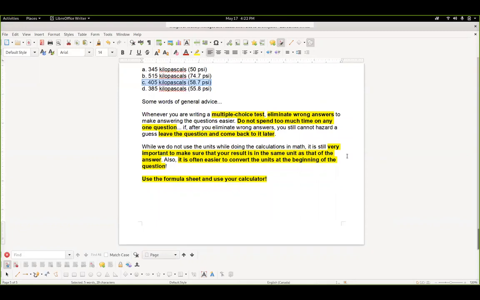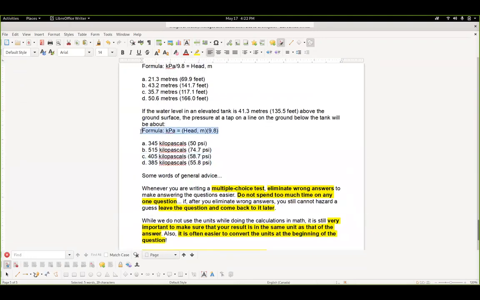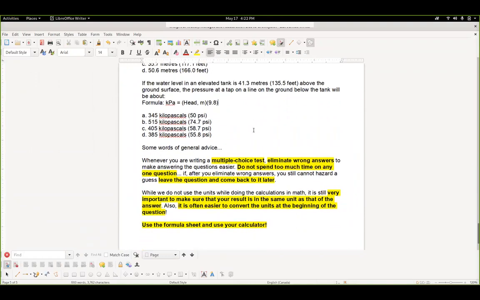Also, it is often easier to convert the units at the beginning of the question. Remember to use the formula sheet that you are given when you do your levels of certification tests, and to use your calculator. Now for the quiz, you will be given the formulas like this that correspond to the questions, and of course you can use your calculator.